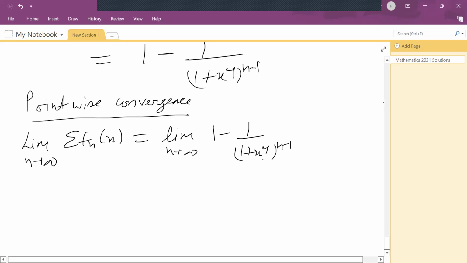So this will be 1 minus 1 by infinity, which becomes 0, so the answer will be 1. This is the case.